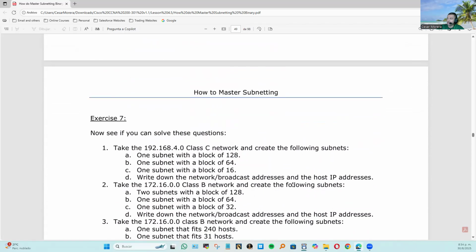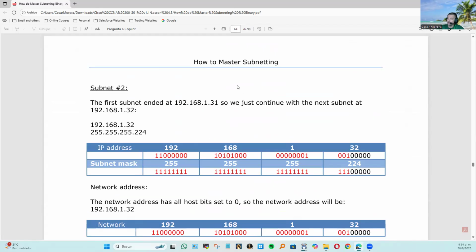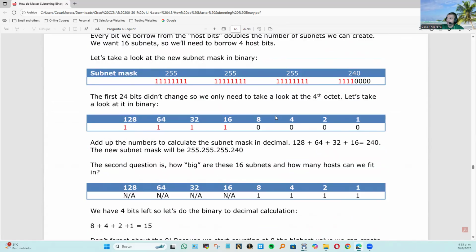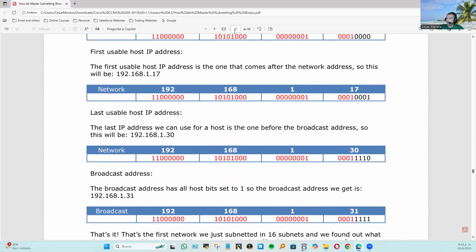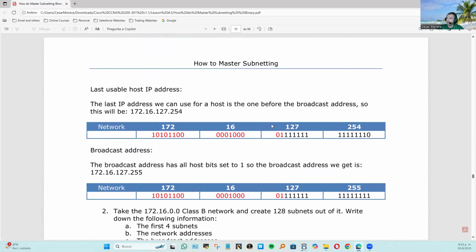And there are more exercises. What I want to see is maybe at the bottom of the book in page 64, if these VLSM calculations were done. So let me see, maybe in page 71.